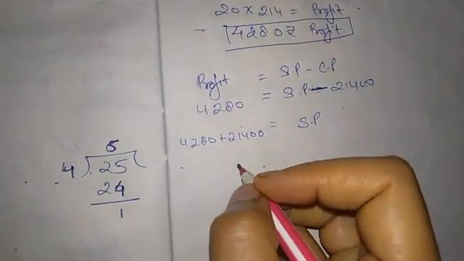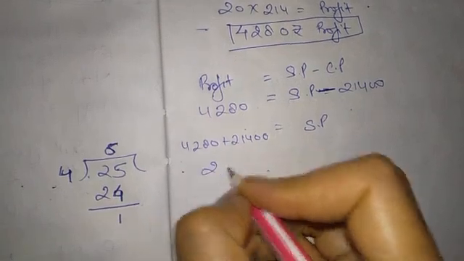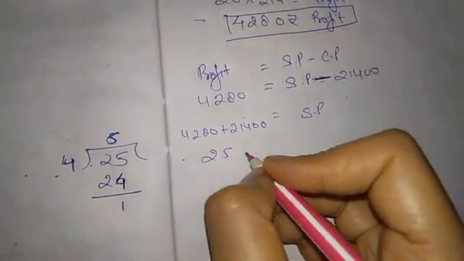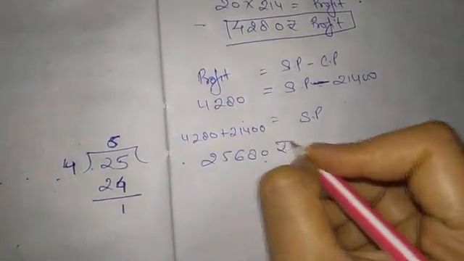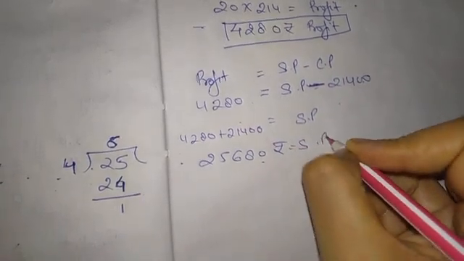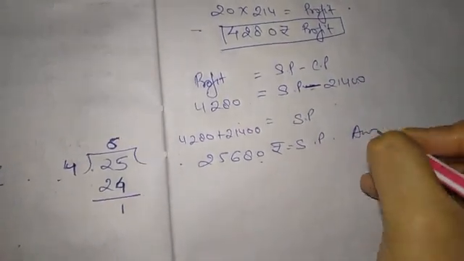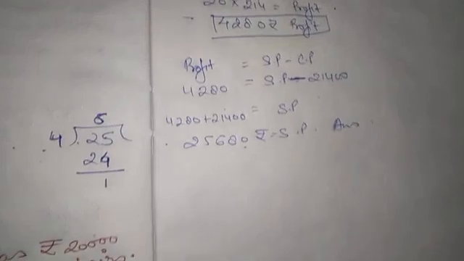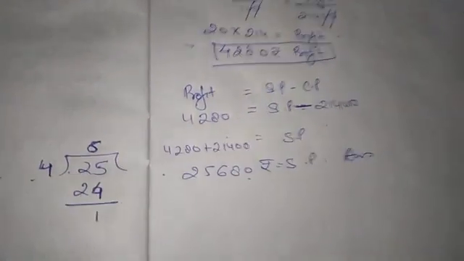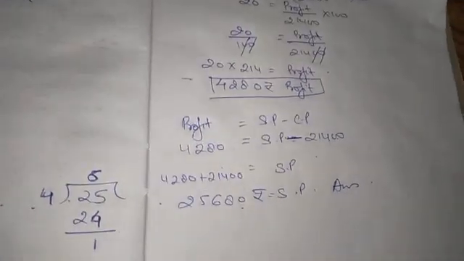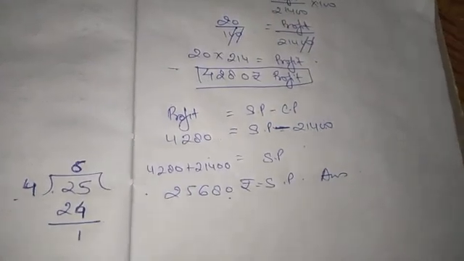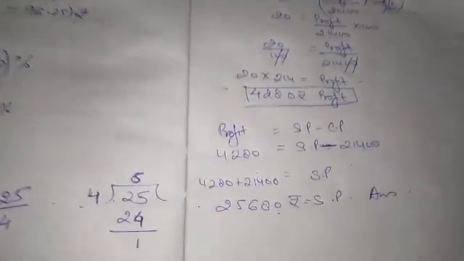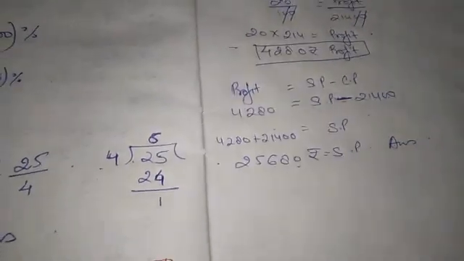What will we get? 25680 rupees is equal to SP. Now, wasn't this easy? We were simply putting the values which we already have in the given formula and we find the value. Easy. This is the only method of solving profit and loss. Thank you so much.